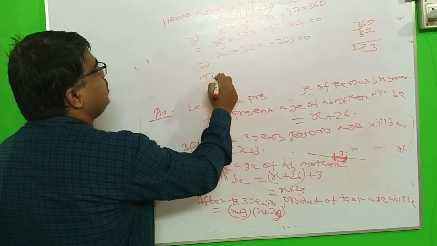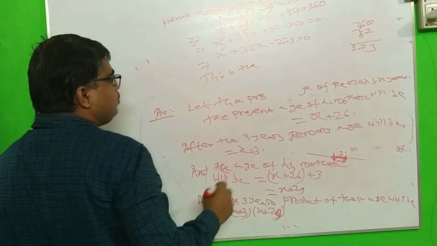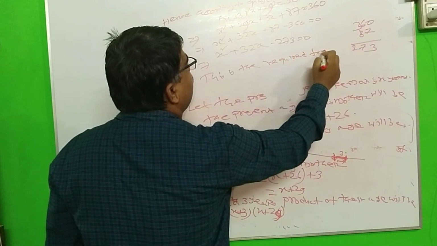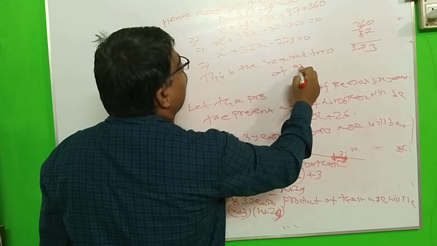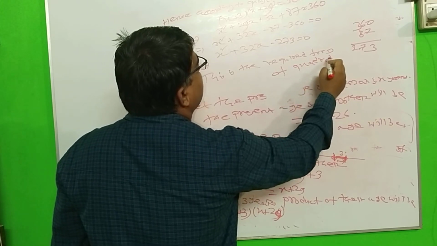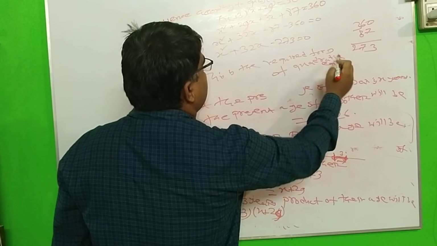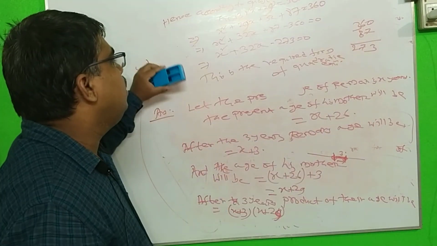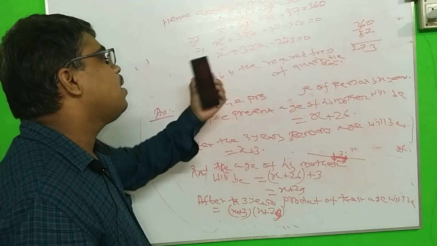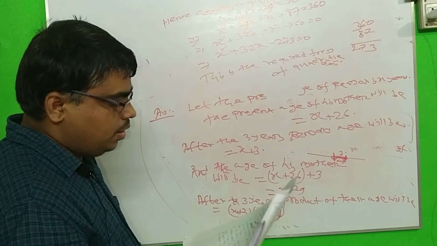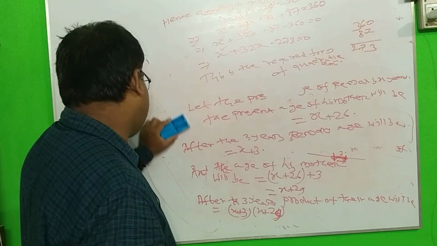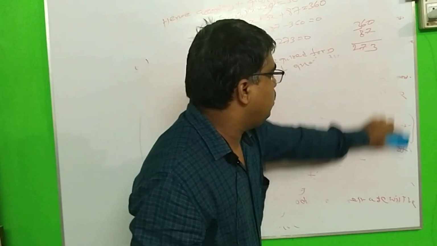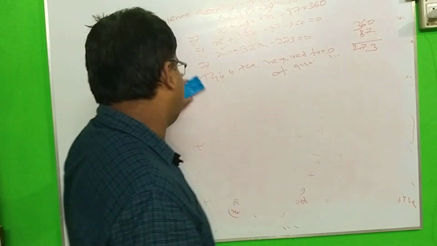This is the required form of quadratic equation. Okay, clear? Now the situation can be represented in a quadratic form. Now we take another example which can be represented in quadratic form.